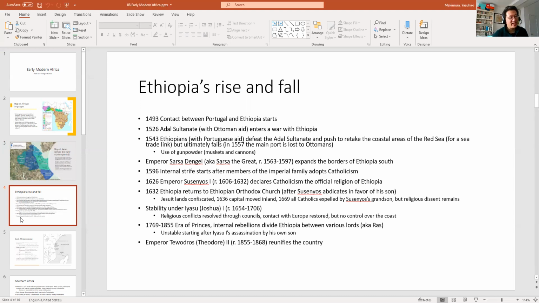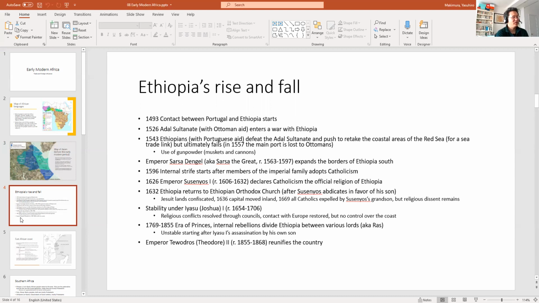There's now more intense power struggle among the Ethiopian princes, among the Ethiopian aristocracy. So that finally, by 1639, the Ethiopians call this the era of princes. The country plunges into chaos, and internal rebellions, warlords, and aristocrats who basically don't obey the king of kings, who don't obey the emperor, basically run wild and do whatever the heck they want to do.